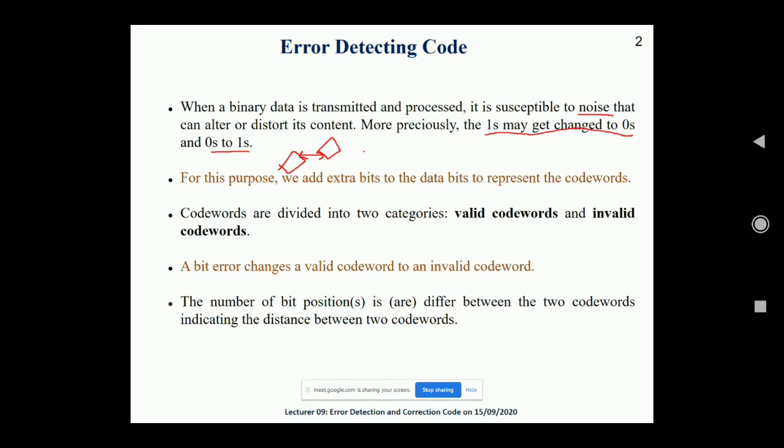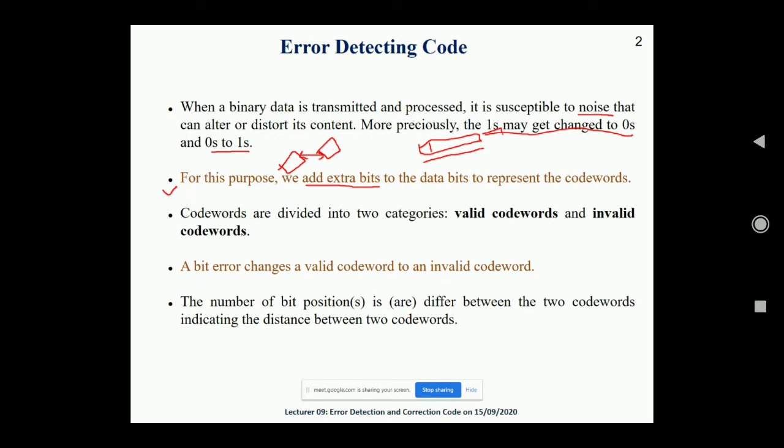See the second point. For this purpose, we add extra bits to the data bits. The part with the information is called the message bits, or data bits, or information bits.